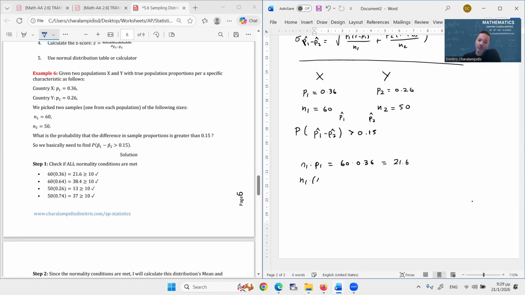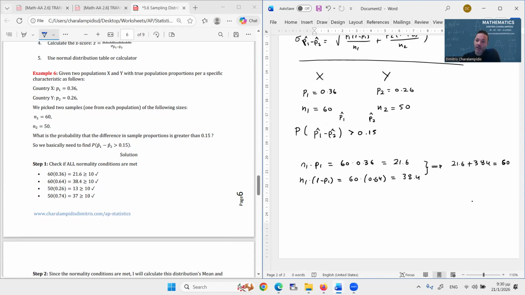And n1 times 1 minus p1 should be 60 times 0.64, which equals 38.4. Notice how these two add up to the actual size of the first sample. This should be equal to 60.